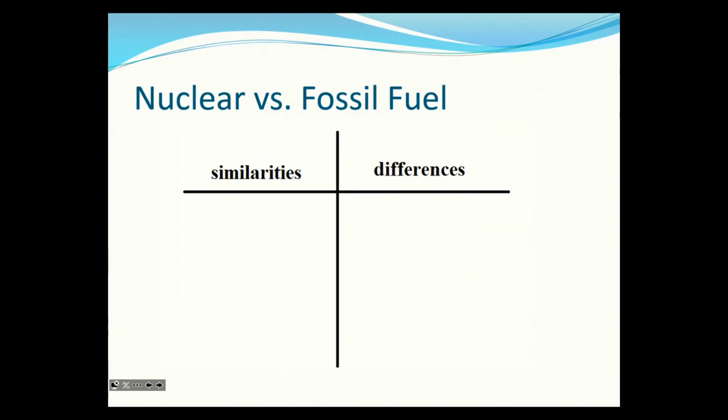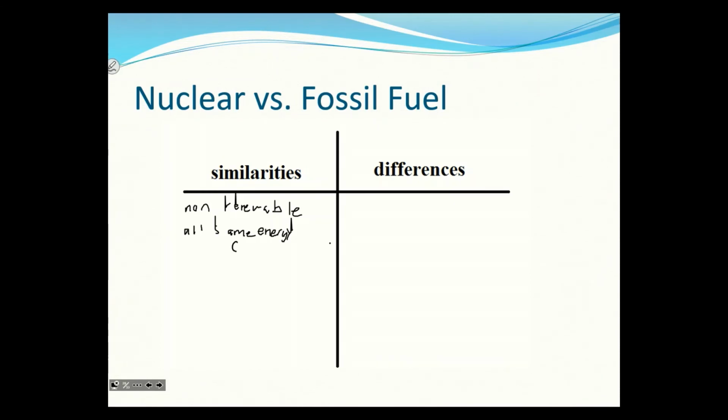Okay, so similarities and differences between nuclear fuel and fossil fuel. Similarities is they're both non-renewable. Similarities is all same energy conversions. I'm going to write this on the board here.